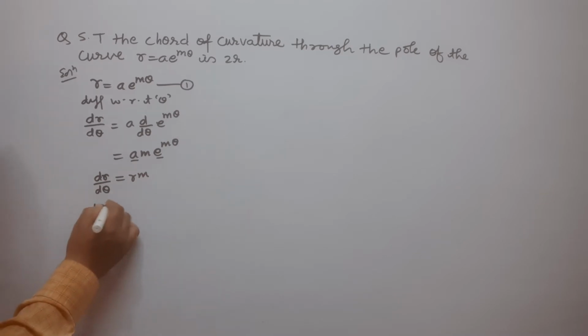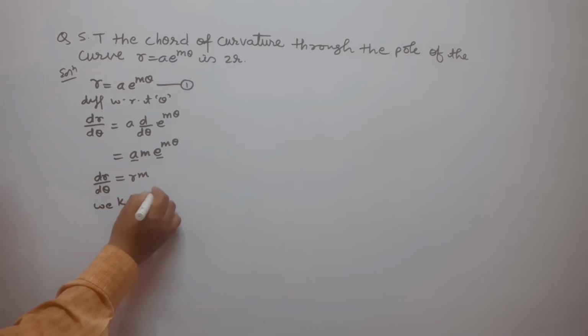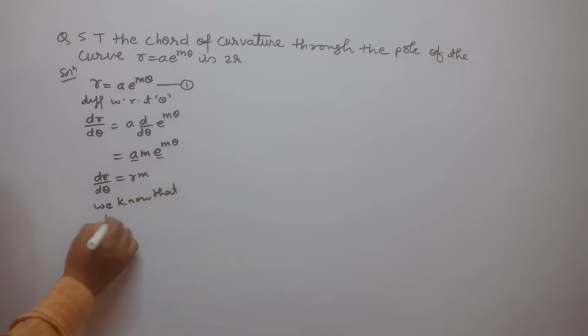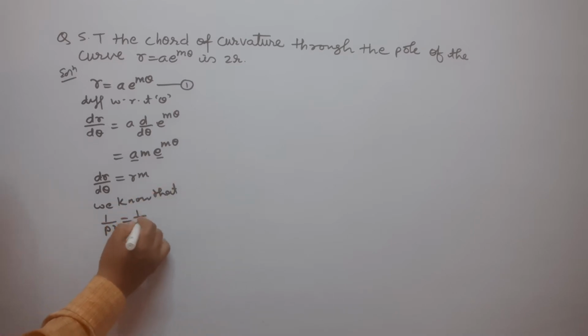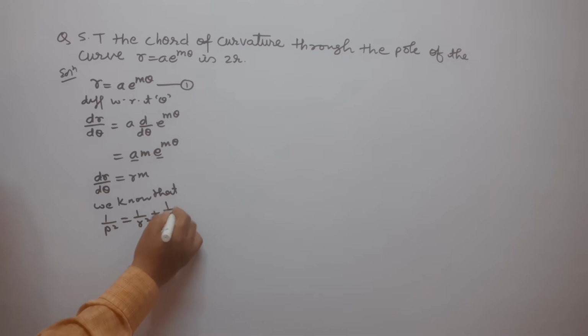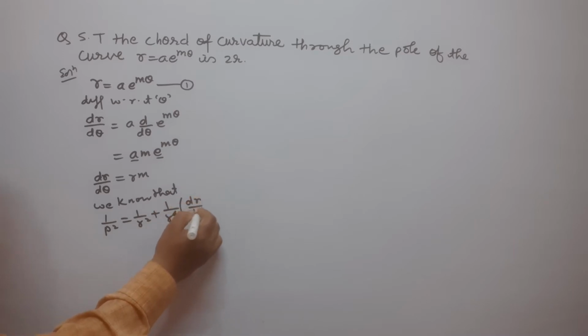Now we know that 1 upon p square is equal to 1 upon r square plus 1 upon r to the power 4 into dr by d theta whole square. We learned this relation in the chapter tangent and normal.